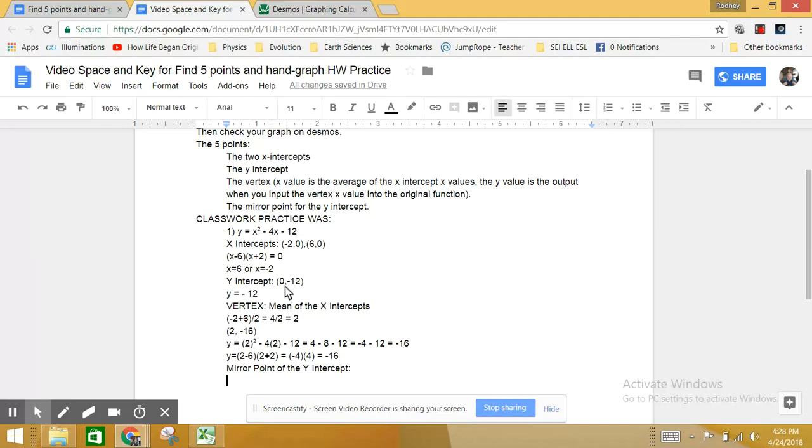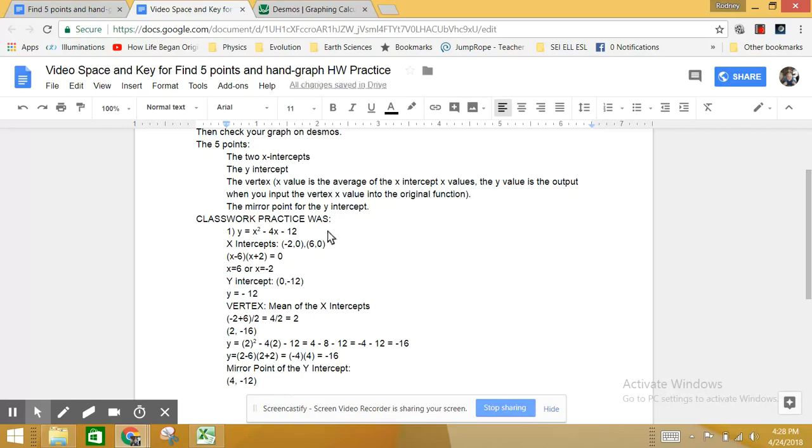That vertical line is 2 away from our y-intercept, so we're going to need to go 2 more away in the same direction. So our mirror point is going to be 2 plus 2, comma, at the same level as our y-intercept, negative 12. Of course we can easily simplify that 2 plus 2 to be 4.